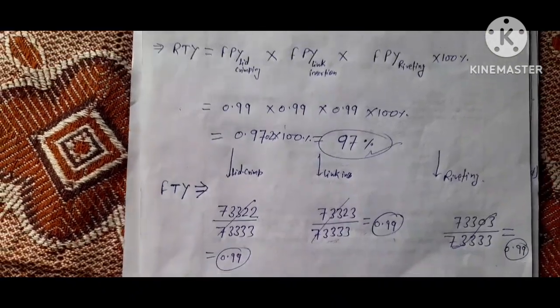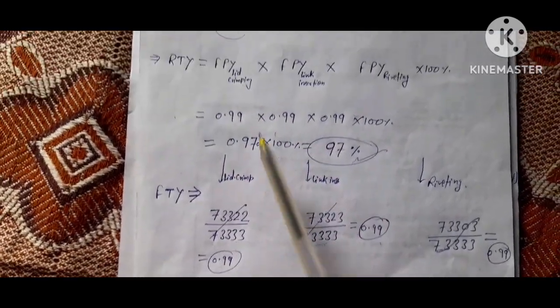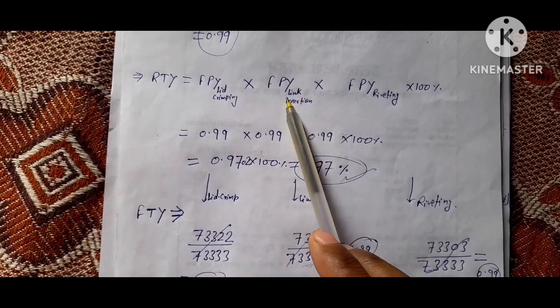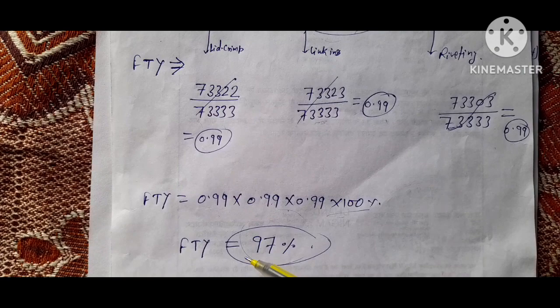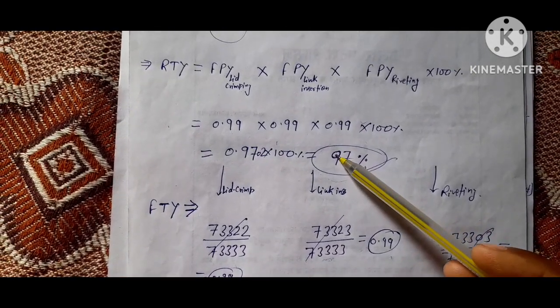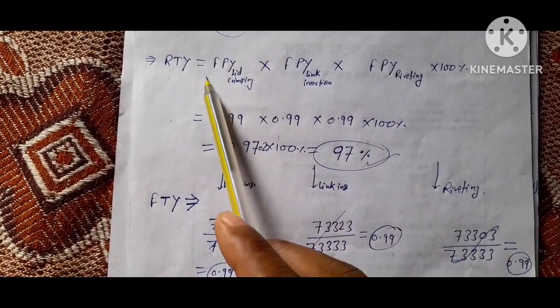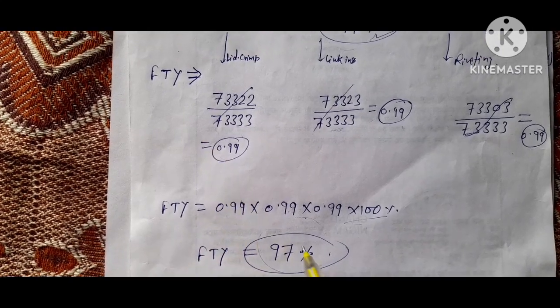So friends, there is a little difference between FPY and FTY. Here no rework is considered, but here rework is considered. So here the RTY is 97% with FTY, and here with FPY the RTY is also 97%.